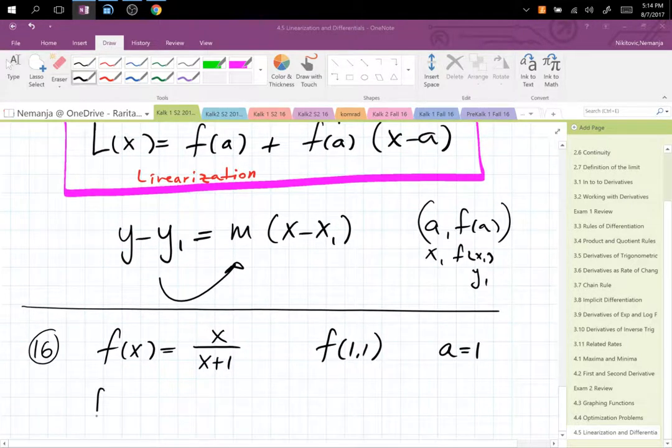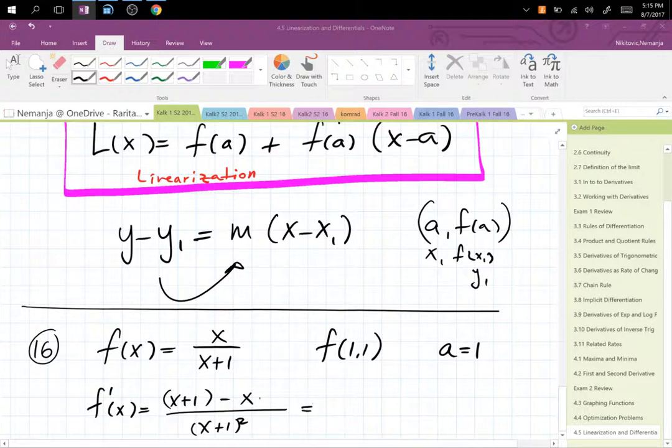Well, first we find the derivative. If you want to use the quotient rule, all right, that will be the quotient rule. Take the bottom times the derivative of the top minus the top times the derivative of the bottom. Good. And when you simplify this, it works out to be 1 over x plus 1 squared.